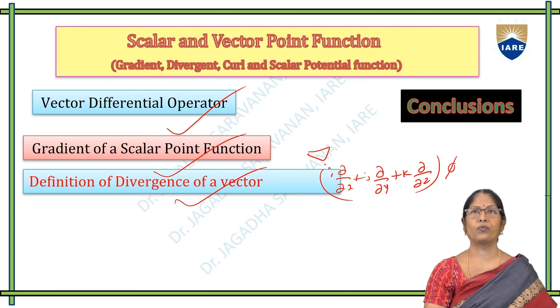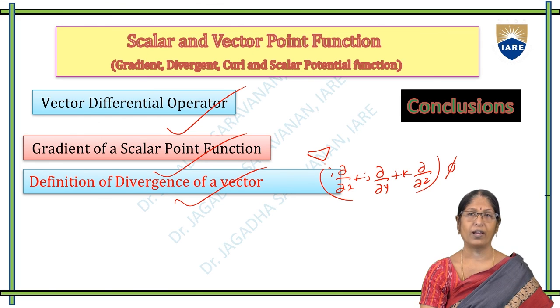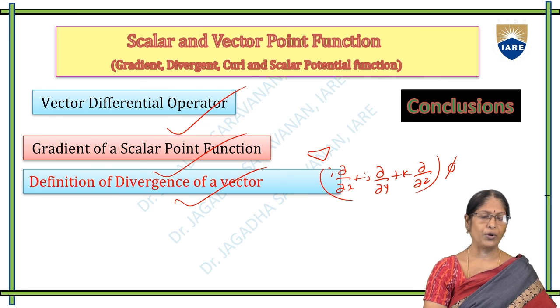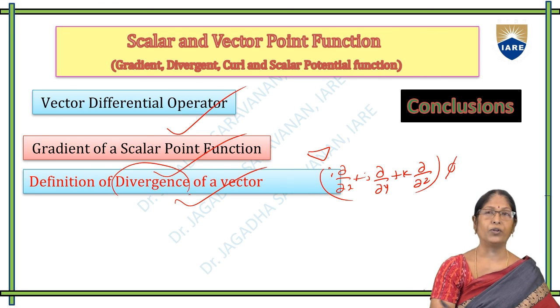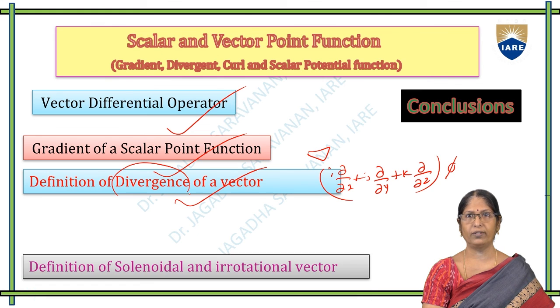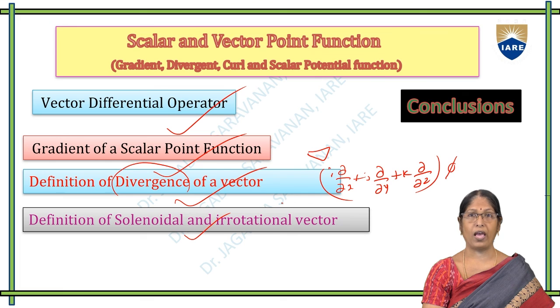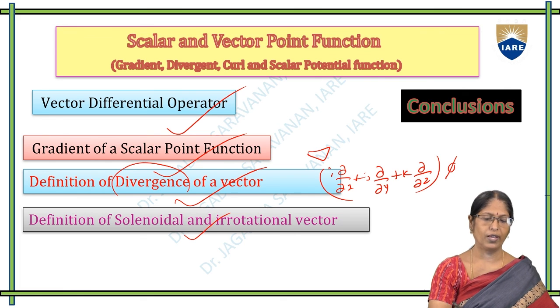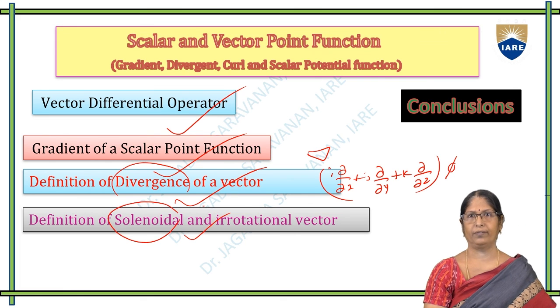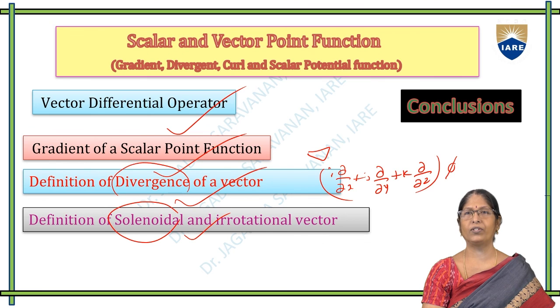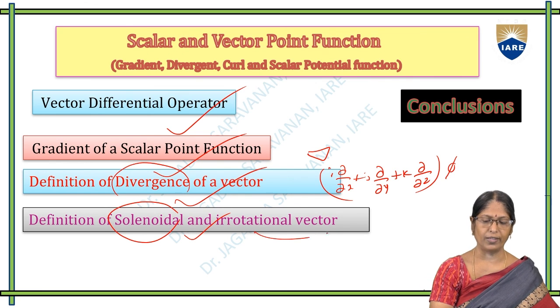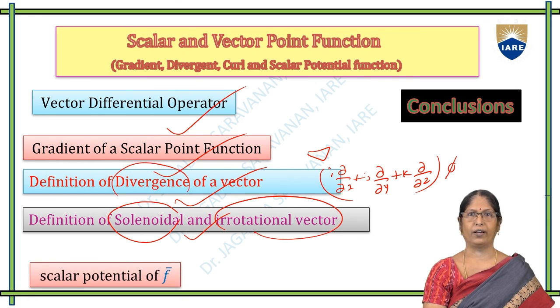The divergence of a vector is nothing but div f, that is, gradient dot f we are finding. The dot product is the dominating one in divergence. And if that divergence, div f, is equal to 0, then it is solenoidal. If the curl is equal to 0, then it is an irrotational vector.